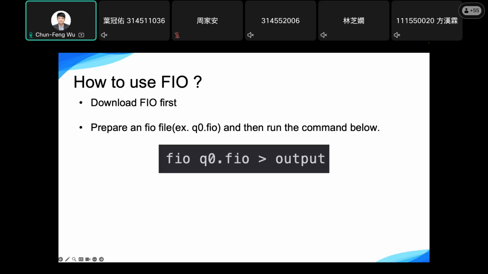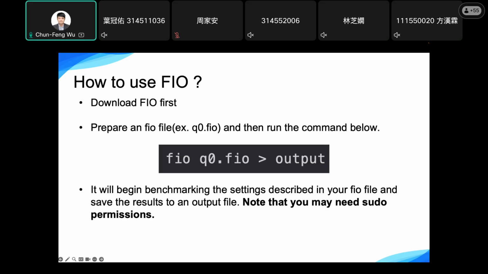This command runs FIO using the configuration settings in your FIO file, and the output will be redirected into the output file, and you can check the result after the FIO program is finished. After you execute this command, it will begin benchmarking the settings described in your FIO file. Note that you may need sudo permission to run this command.